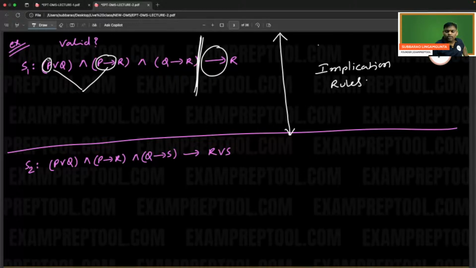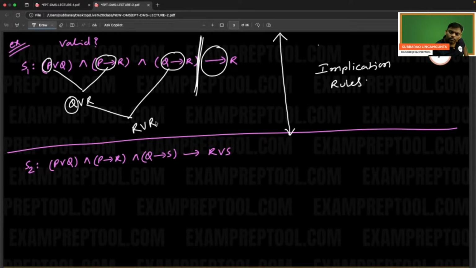Check once, both cancel, so what remains is Q R R. Then in this one, Q and Q cancel, which goes to R. Everyone knows the R operator: if the same is there, R only will come. So it is a valid statement. The same thing I have done, nothing new.